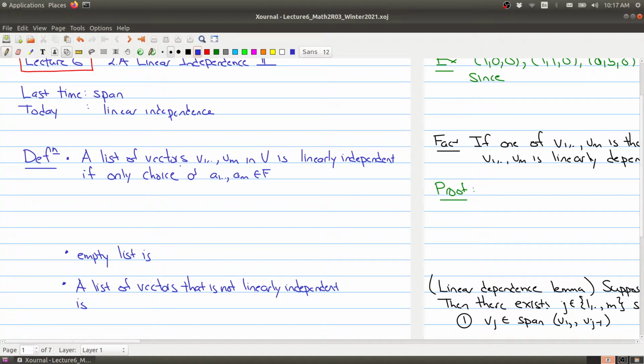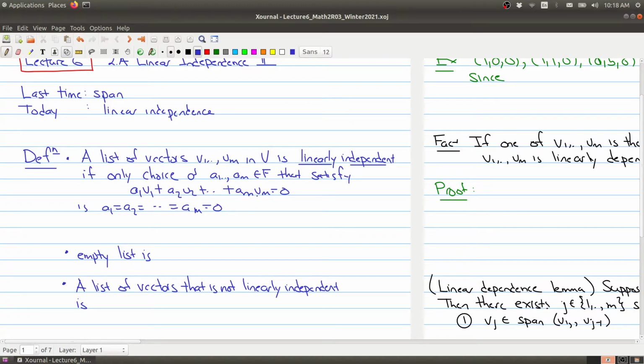A list of vectors v1 through vm is linearly independent if the only choice of coefficients inside of your field that satisfy a1 times v1 plus a2 times v2 up to am times vm is equal to the zero vector is a1 equals a2 equals am equals 0.